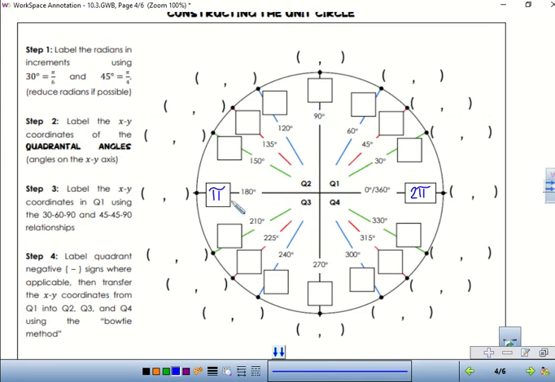And we know that 90 is half of 180, so what would that be? Pi over 2, correct. Now, we know that 270 is the sum of 180 and 90. So what's 1 plus 1/2? 1.5, which can be represented as a fraction as 3 over 2, right? So it's going to be 3 pi over 2.